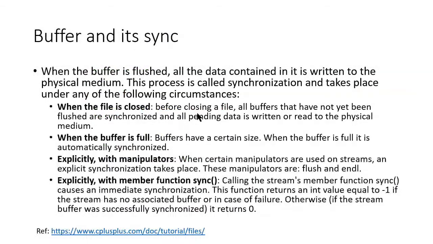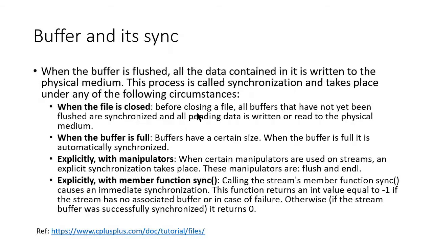Now we also spoke about the buffer. Buffers are some kind of temporary storage used by the stream when data is being read from the file and fed to the program, or vice versa. When we want to flush a buffer, basically it's clearing that buffer.